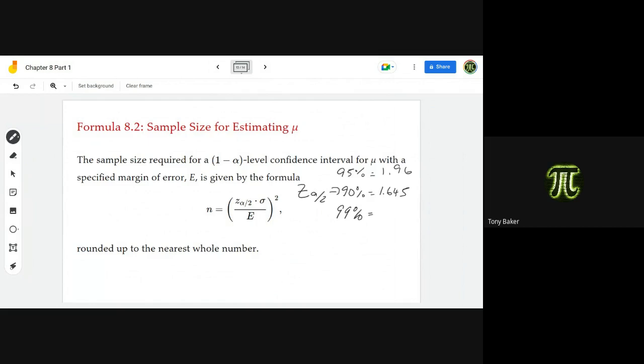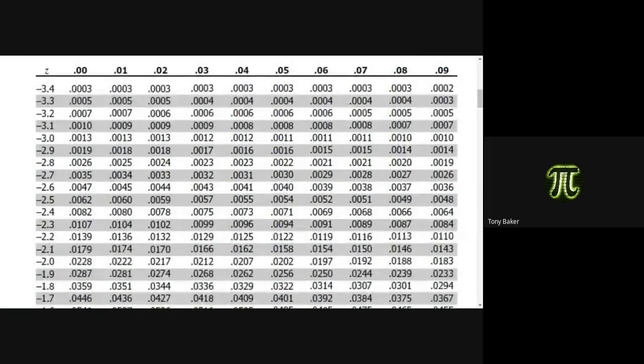So we get 2.575. Let me show you. We're looking for the 0.005, which is right between 0.0051 and 0.0049. So we get 2.57, and it sets us right in the middle, so I just split it in half, 2.575.